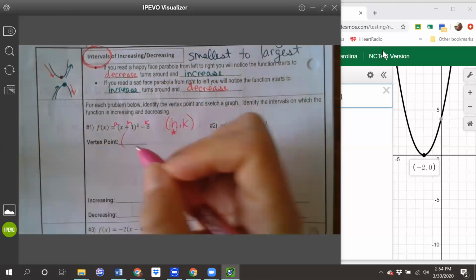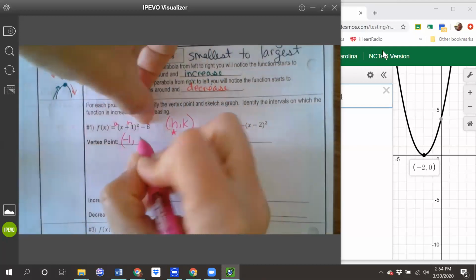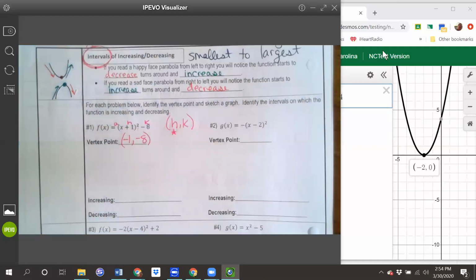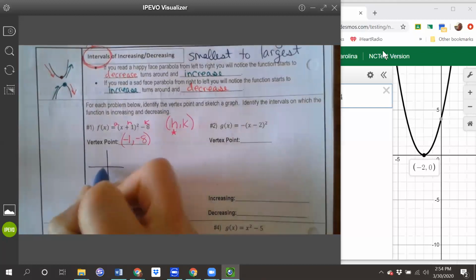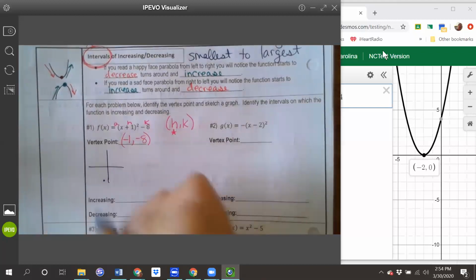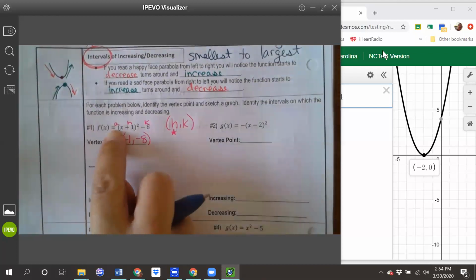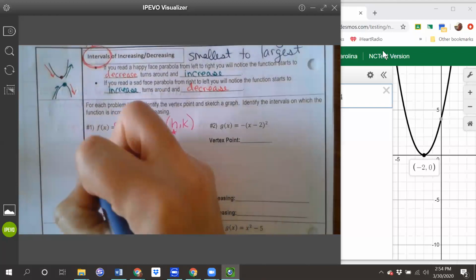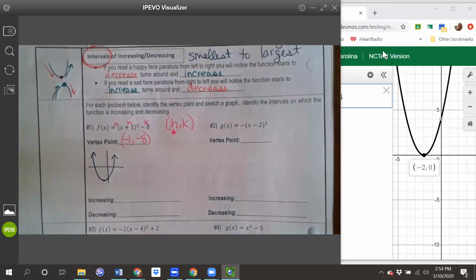So that means that my vertex point is going to be at (-1, -8). So if I just do a rough sketch, I'm at -1 down here at -8. And my A value is positive, which means that we are dealing with a smile.